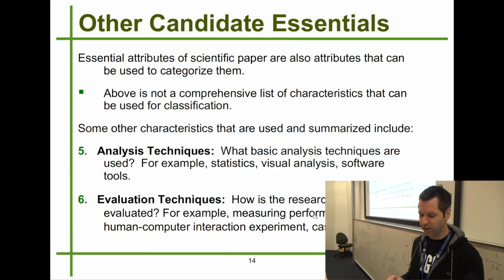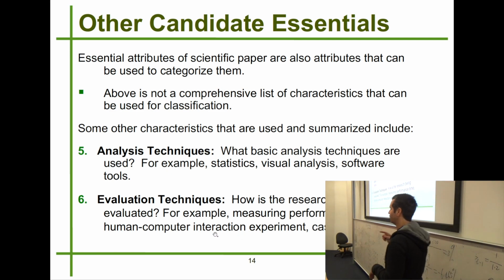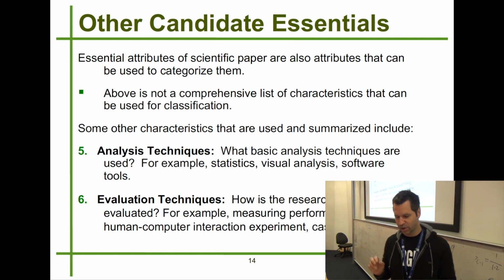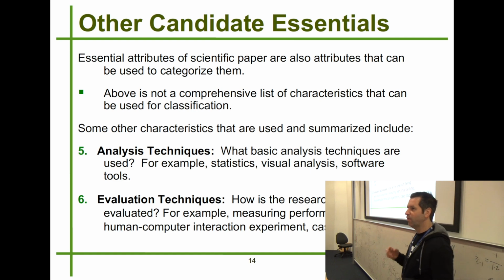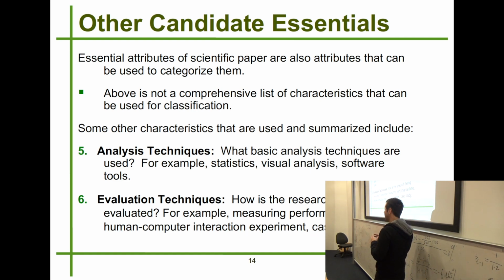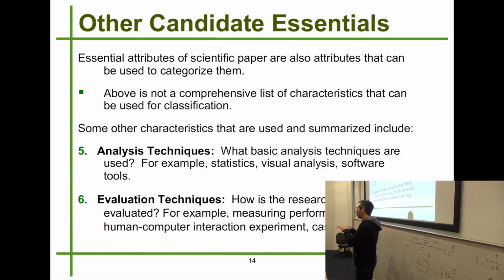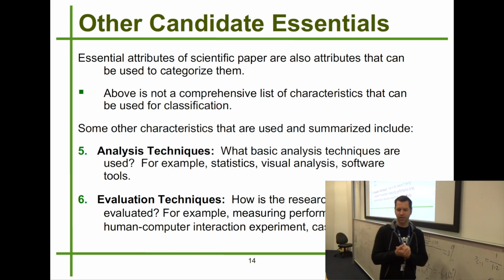They could be doing some sort of human-computer interaction experiment to demonstrate that their results are true. They could be focusing on a case study. So that means they have a special problem that they're trying to solve, and they apply that solution to that special problem. Those are just some ideas.